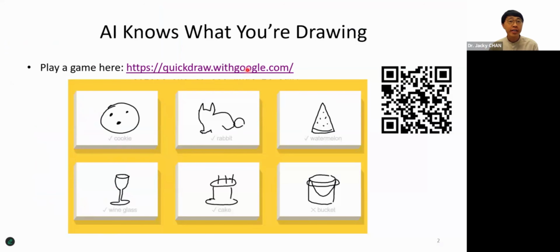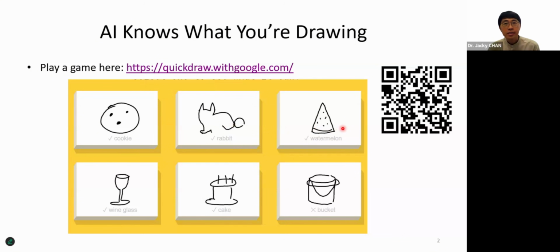This is a drawing game. When you click it, it asks you to draw some objects like a cookie, rabbit, or watermelon. Before you finish the drawing, the AI system can already guess what you intend to draw. How can the AI system accomplish this?